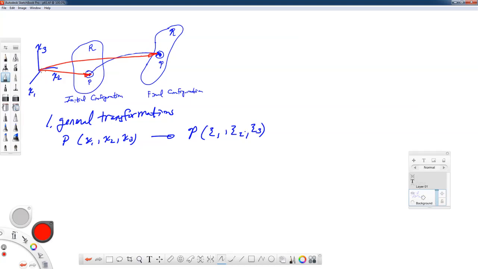So we can think of a vector going from the origin to this point, and the vector going from the origin to that point. And then the difference between those two would be the displacement. And again, the points in the neighborhood of the point transform to the points in the neighborhood of the deformed point.